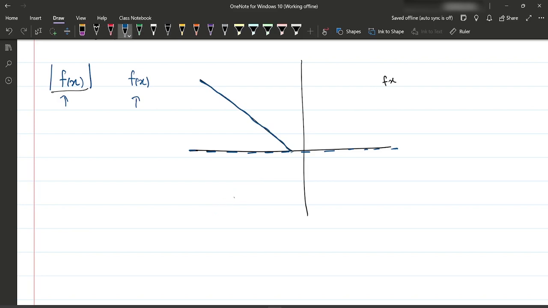So here now you end up with something like this. This is modulus of f of x. Keep in mind that the x values are not affected.